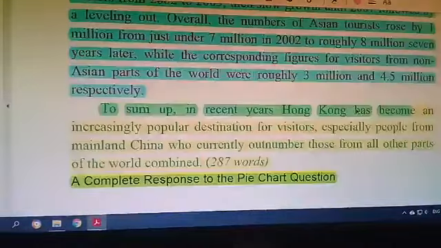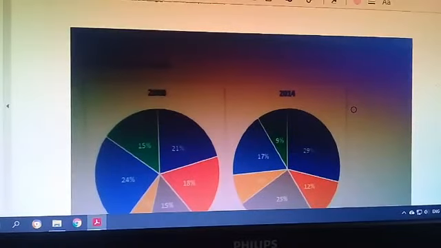So these are four stages or four paragraphs. So this one, and this one is pie set.